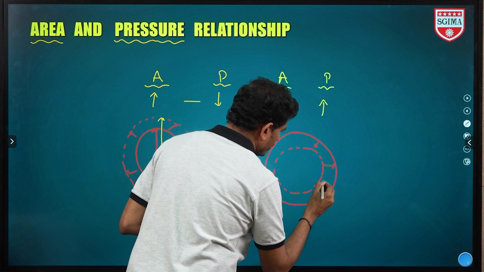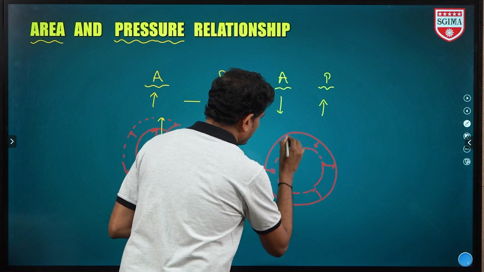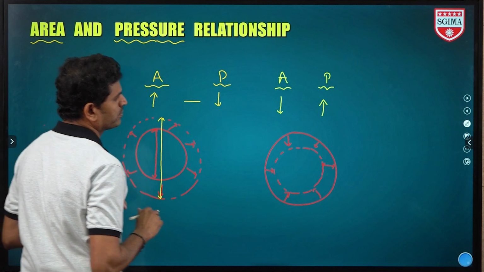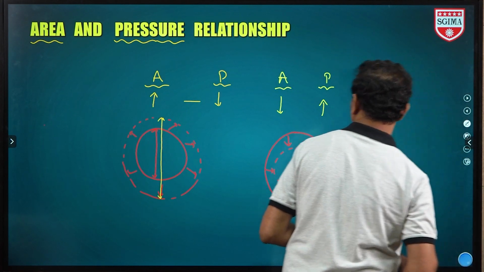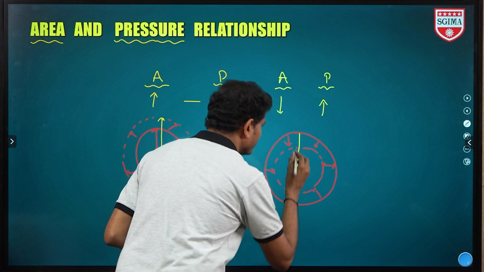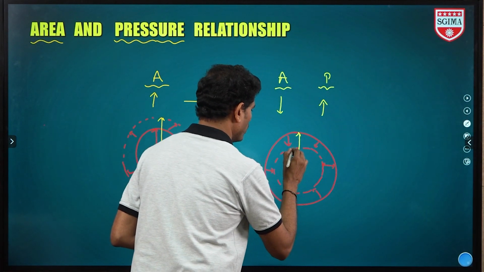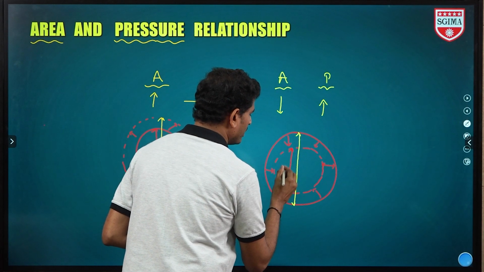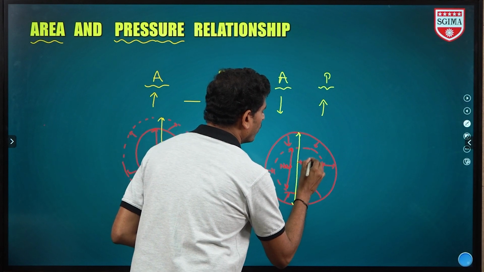Now, look at this. The area is like this. This is the new area, the red color one, and this is the old area.